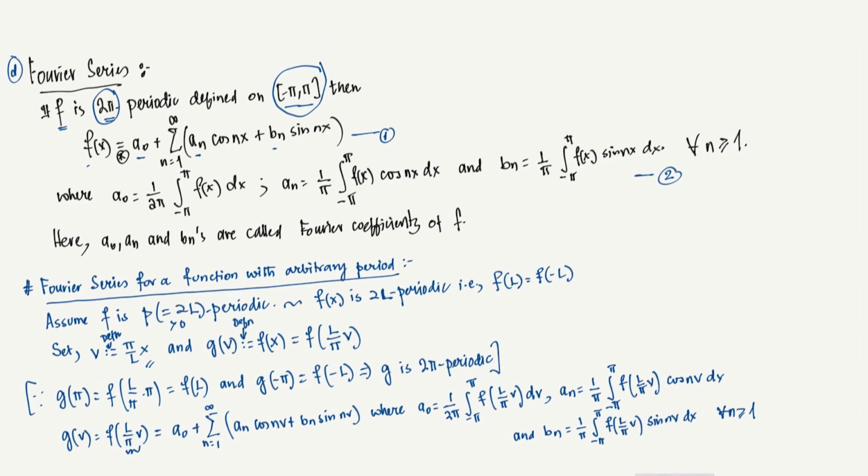I'm just skipping one line and writing it like this. L by pi v, you see, is x. So f of x can be written here. I'm just substituting that variable.